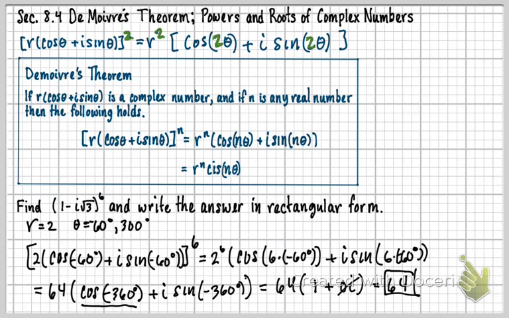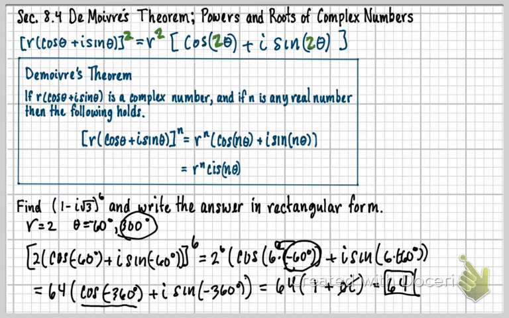So there's our answer. Now, if I did it the other way, I would have the same result. I'd be multiplying a larger number there. If I use the 300 degrees instead of the negative 60, then that would be 300 times 6, and 300 times 6 would be 1,800.